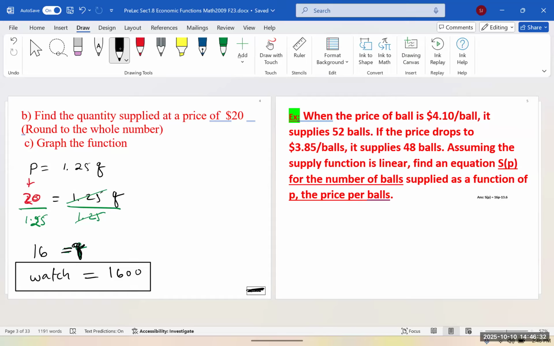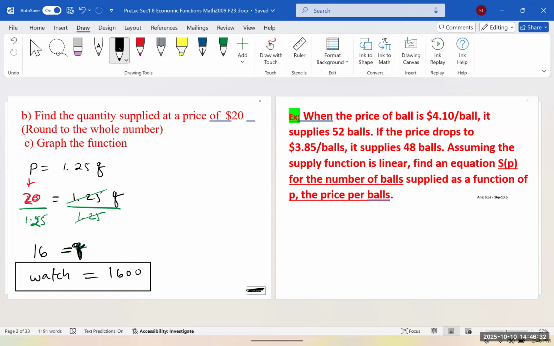Now you may think, how can you do this without a calculator? Well, you actually don't need a calculator, because 4 divided by 0.25 means 4 divided by 1/4. 0.25 is 25%, and 25% is 1/4.